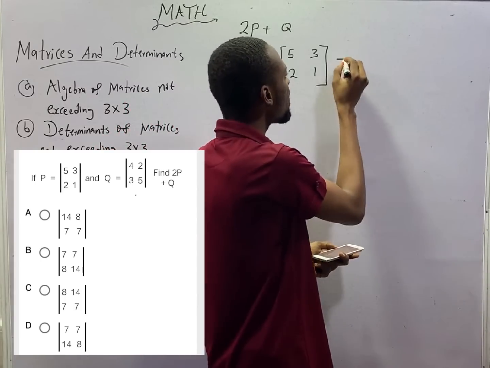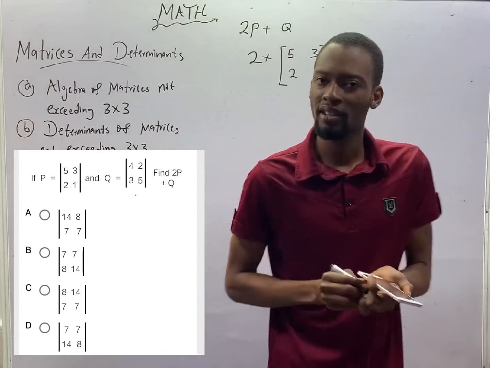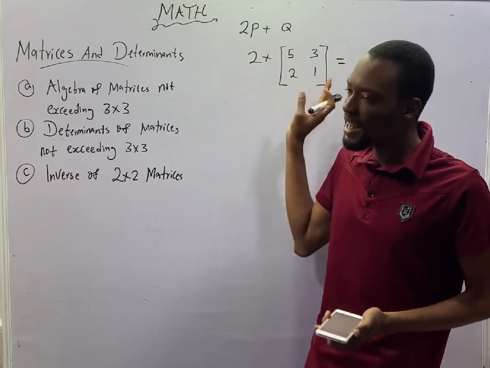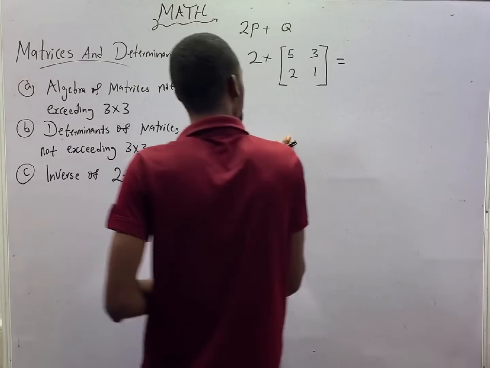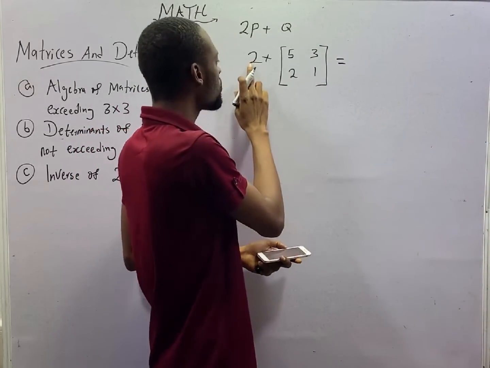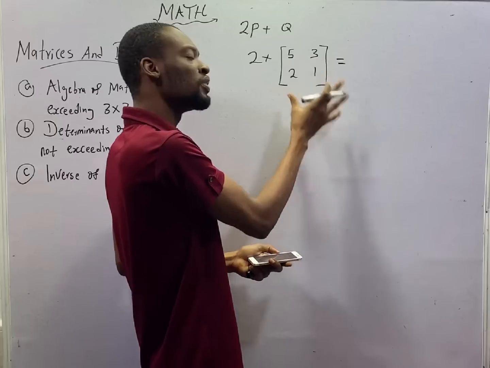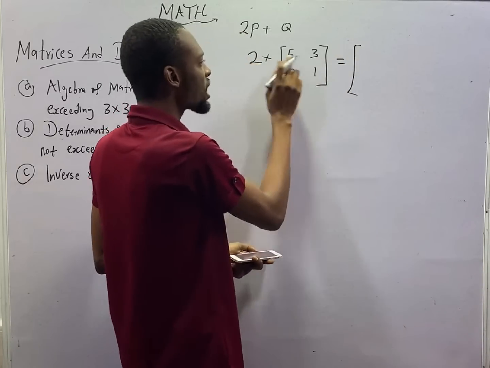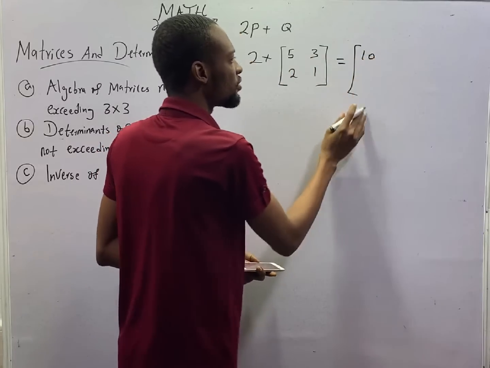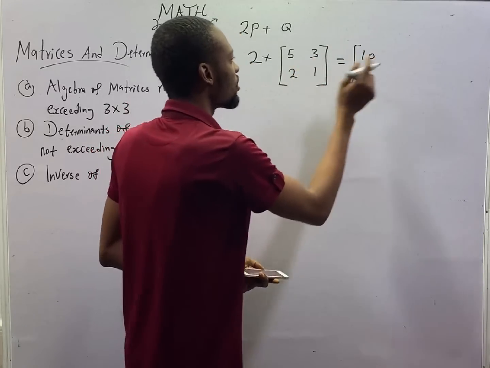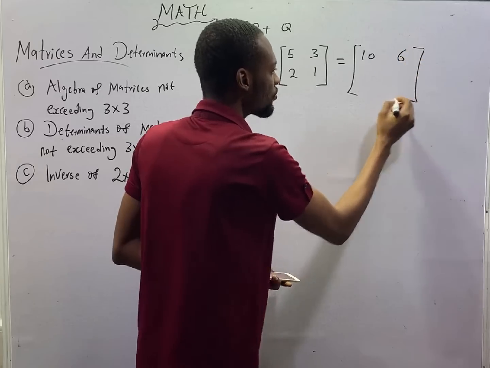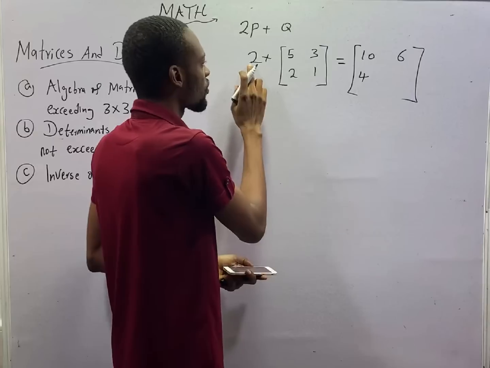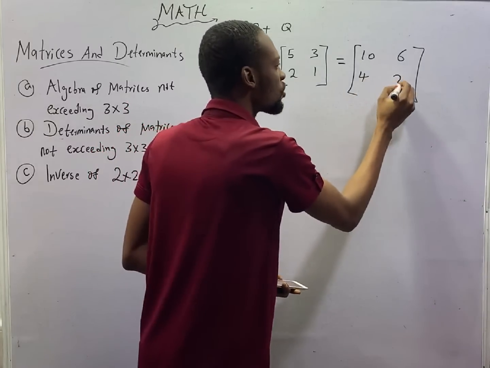To multiply a matrix with a single number, if I give you a single number and I say use this single number to multiply a matrix, what you simply do is use the number to multiply the elements of the matrix one by one. To have 2 times 5, 10, then 2 times 3, 6, 2 times 2, 4, 2 times 1, 2.